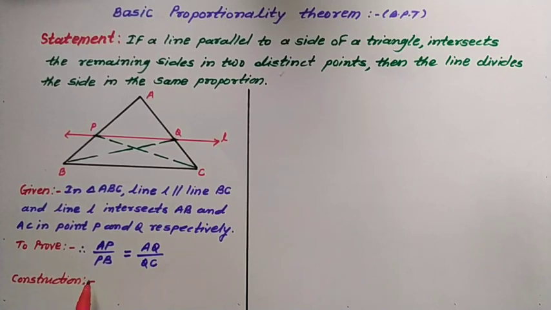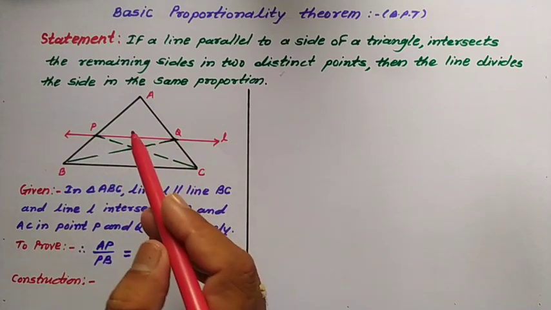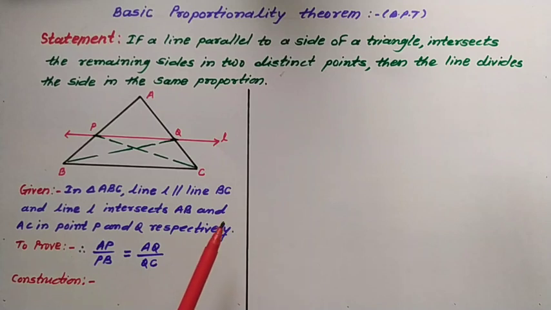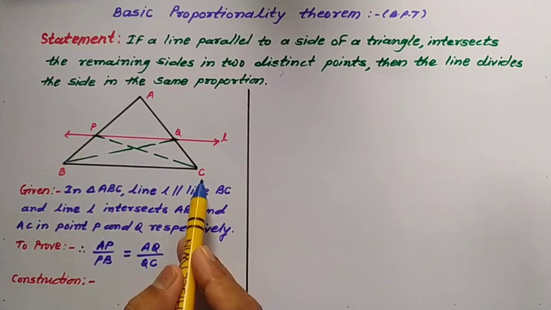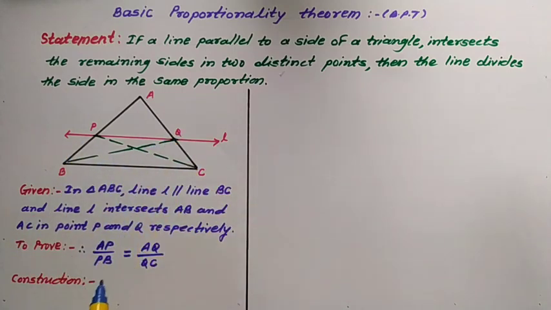Now write down the construction. The construction is useful to write down the proof of this theorem. Construction: draw segment PC and segment BQ.